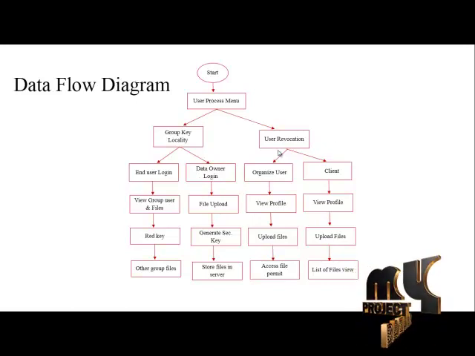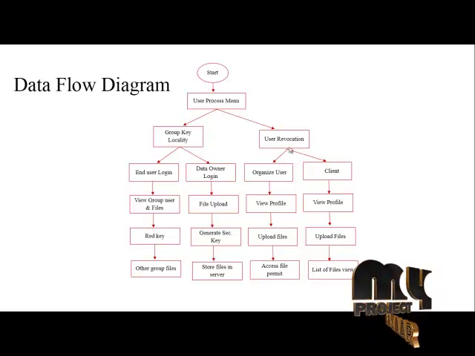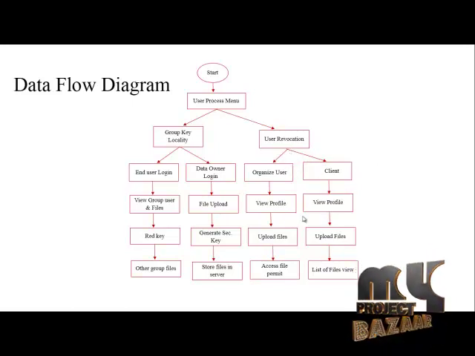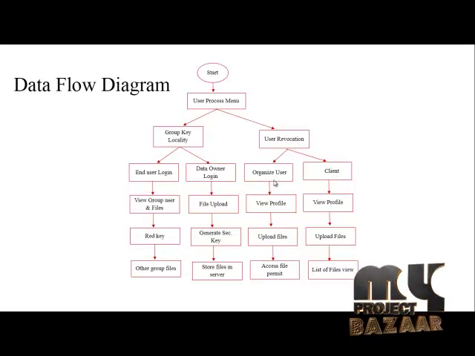The other process is user revocation, the privacy preserving public auditing mechanism for storing our data. Two types of users process our data: the client and the organized user.